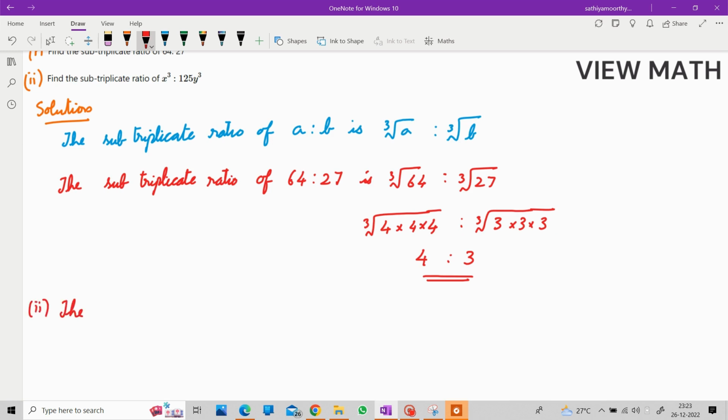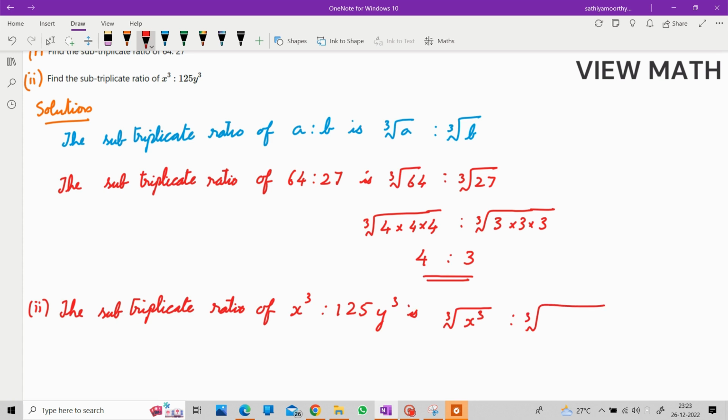The subtriplicate ratio of x cube is to 125 y cube is cube root of x cube is to cube root of 125 y cube.